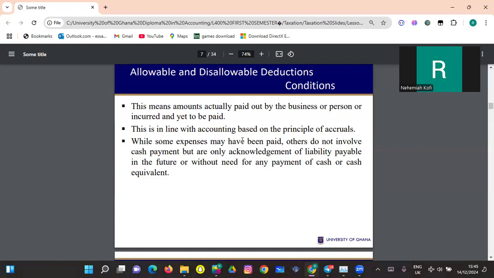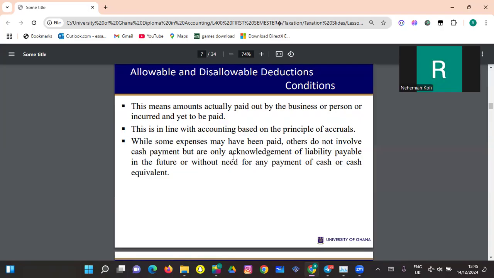Since the workers have worked on a particular business that is necessarily in the generation of the income, the 30,000 will be allowable for deduction, even though you've paid only 20,000, because a year later you will pay the 30,000. That's what it means here.